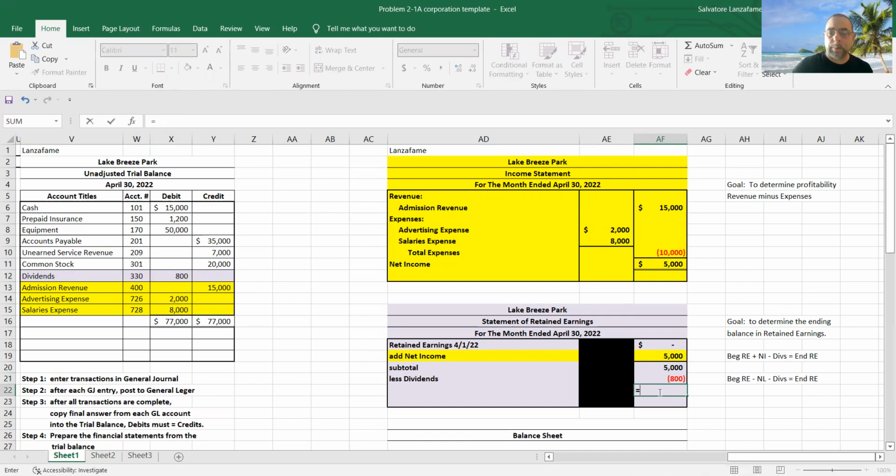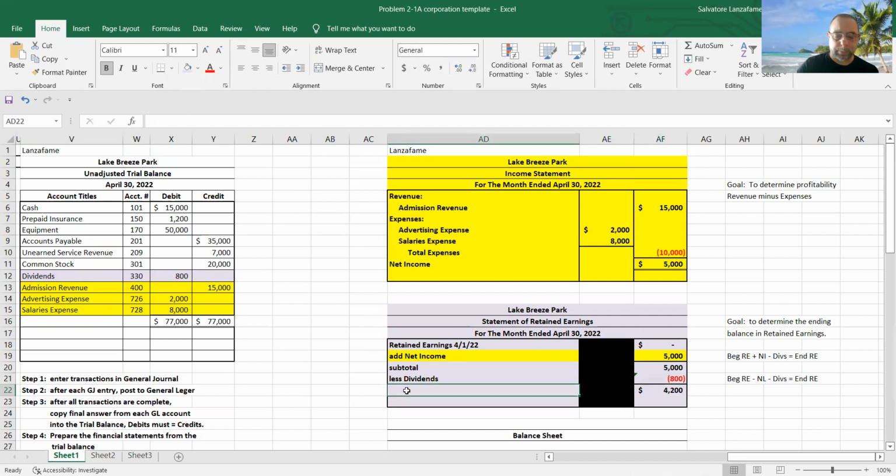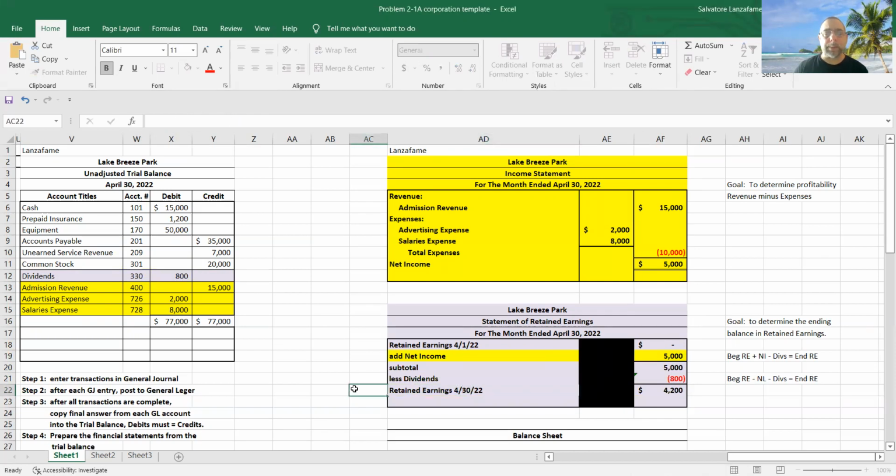So now I'm going to do that subtraction. And the ending retained earnings ends up being 4,200. What we tend to do is date the first retained earnings and the last retained earnings. Instead of writing beginning and ending like I did before, you would just have 4-1 represent the beginning, 4-30 represent the ending.